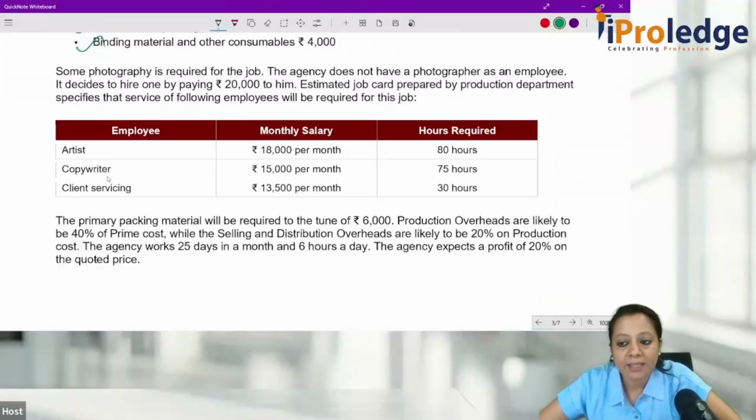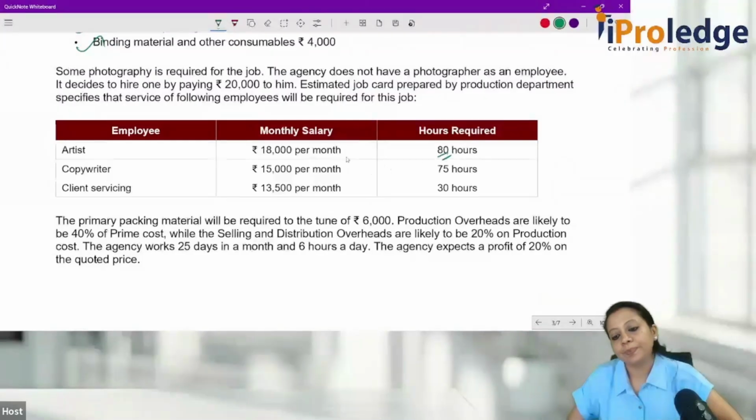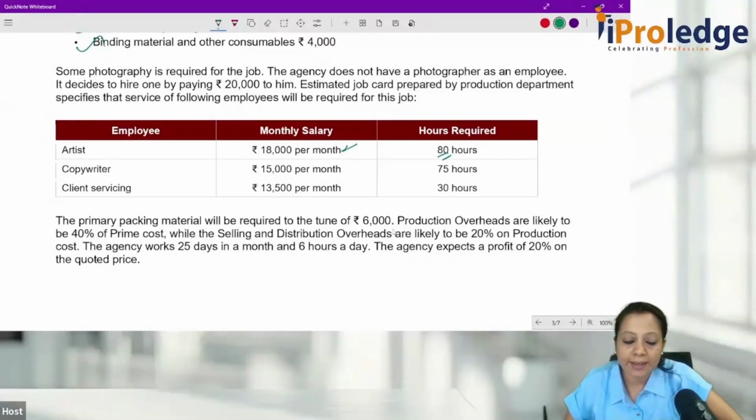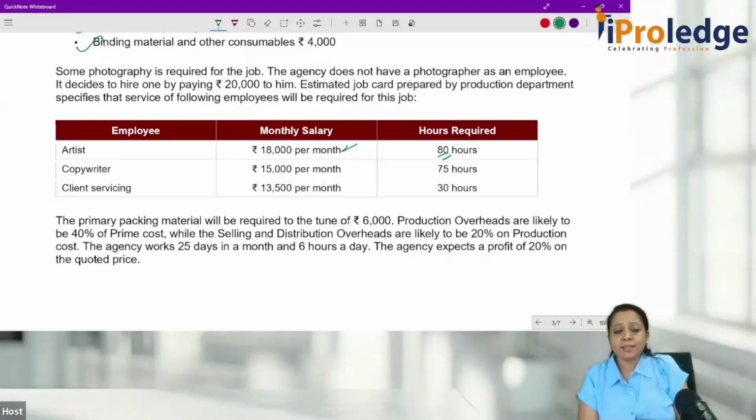The estimated job card prepared by the production department specifies that the services of the following employees will be required for the job. So artist also they have given, hours required also they have given. Ma'am, what is the meaning of this? Artist they are saying 18,000 per month and they have given 80 hours. That means I'm hiring a photographer, say for example.